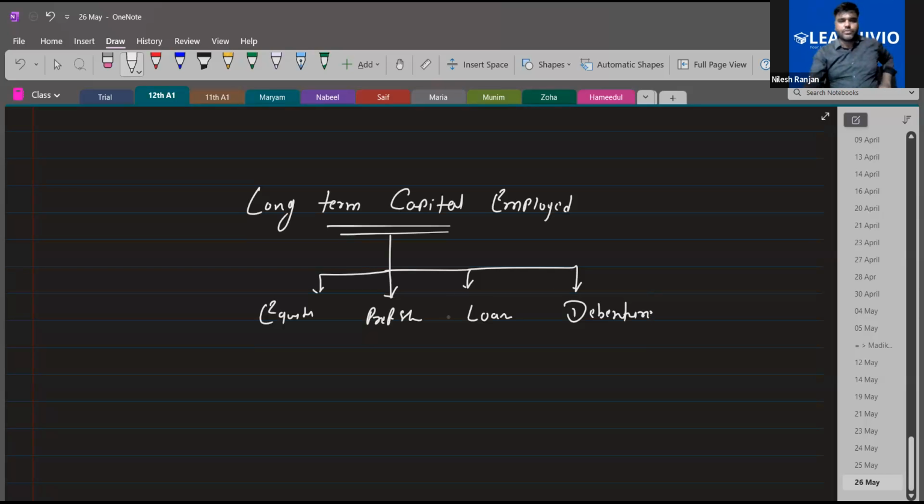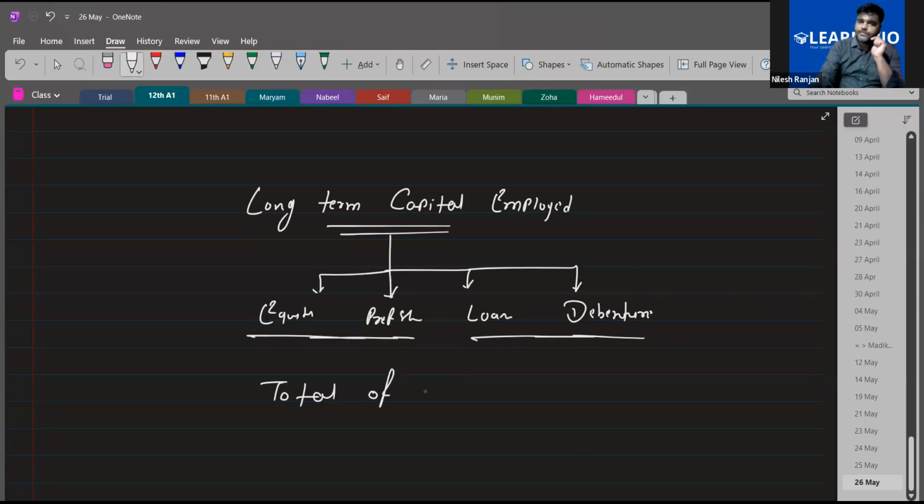So these two are shareholders fund, these two are long-term borrowing. So we calculate it like this: equity share, preference share, loan, and debenture. Now, if we are comparing all these, we do it on the basis of total of balance sheet, because in the balance sheet the common item is total of balance sheet.